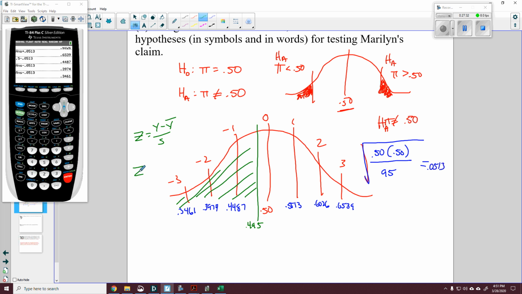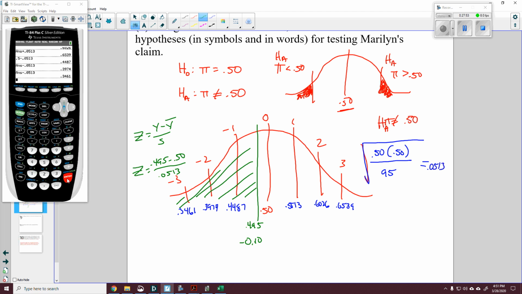So my z-score is equal to 0.495 minus 0.50 divided by my s of 0.0513. And I get a z-score here of negative 0.10.